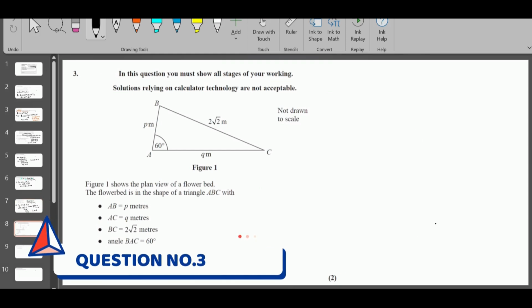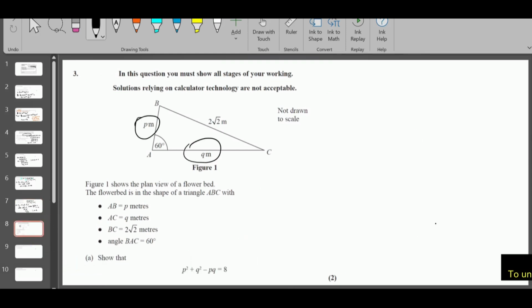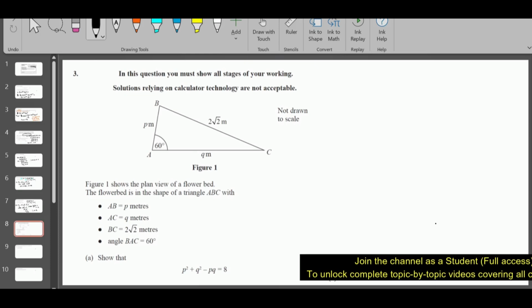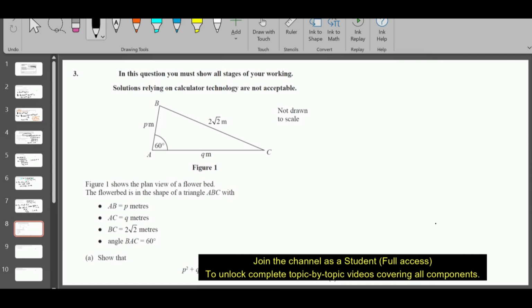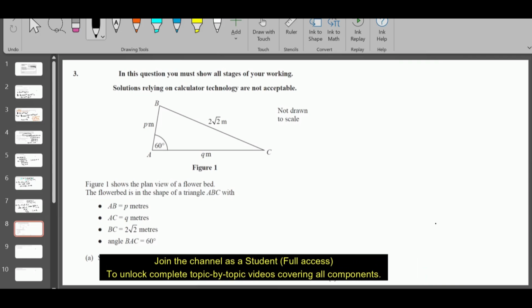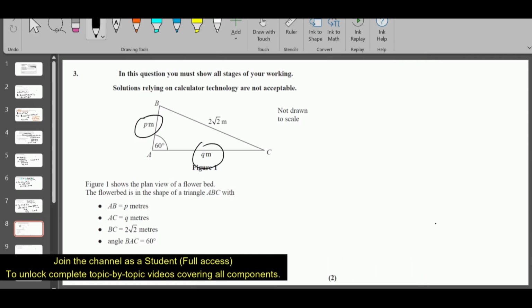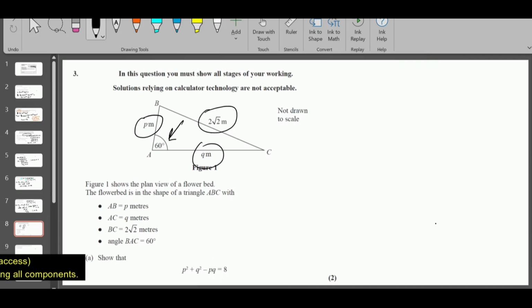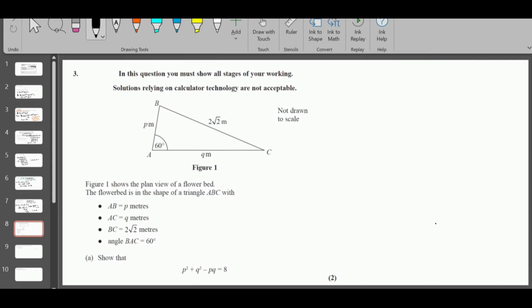We have a triangle given, with two sides P and Q. Let's read the question. Figure 1 shows the plan view of a flower bed. The flower bed is in the shape of a triangle ABC with AB is p, AC is q, BC is 2 root 2 and the angle BAC is 60 degrees.